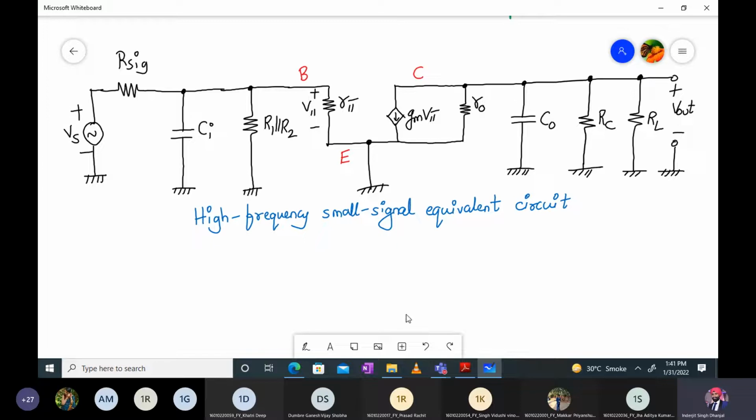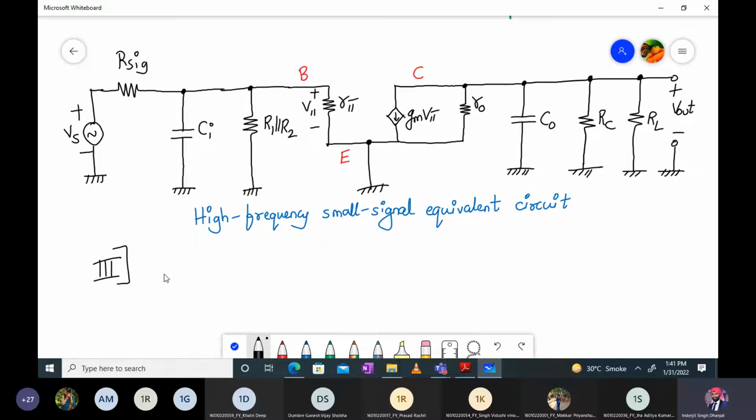So basically I will be concentrating on finding the higher cutoff frequency due to the input side of the circuit, and then the output side of the circuit.